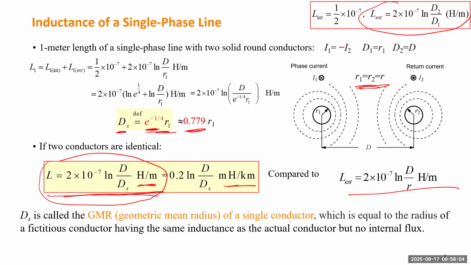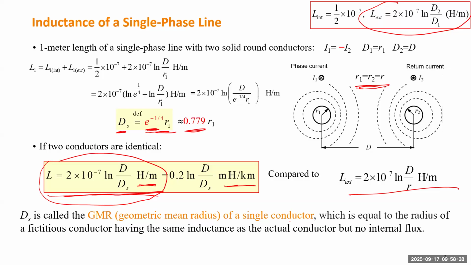So ds here is called the GMR, the geometric mean radius, for a single conductor. It is equal to the radius of a fictitious conductor having the same inductance as the actual conductor, but no internal flux. We know that's not possible based on the physics of this universe.